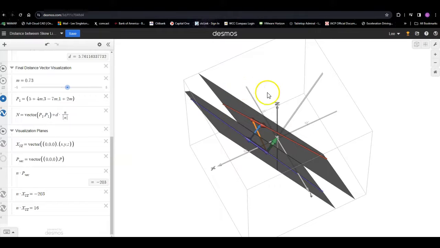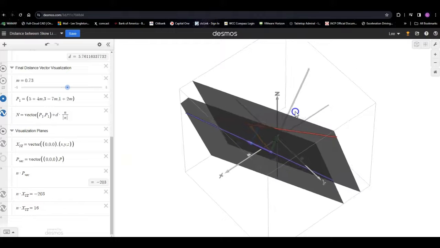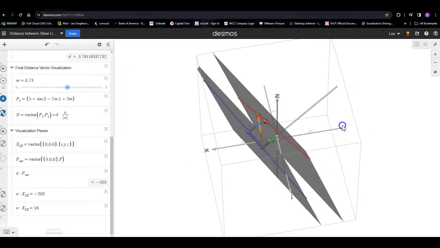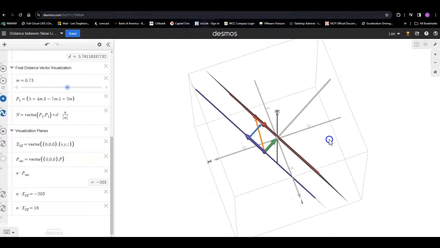So you get the Ax plus By plus Cz equals D type of equation for those. But this is what's going on: we got two planes. So the actual distance between those planes is the same as the distance between the lines. So this is pretty equivalent to finding distance from a point to a plane as between two skew lines.